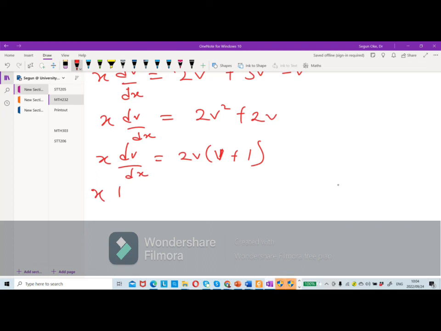So it's going to be dv over 2v into v plus 1 equals dx over x. Are you getting it? Now, keep your 2. Just deal with the variable. Because there's no 2 here you want to cut. So I'm going to divide both sides by x first.